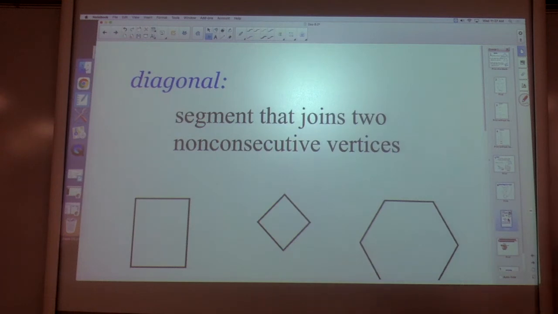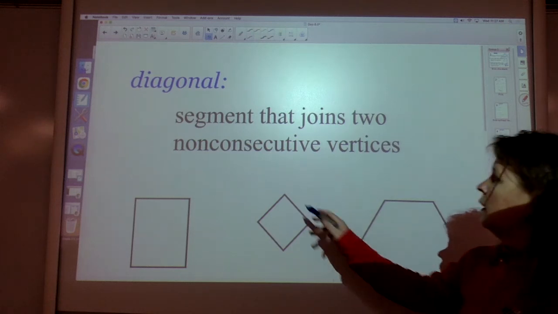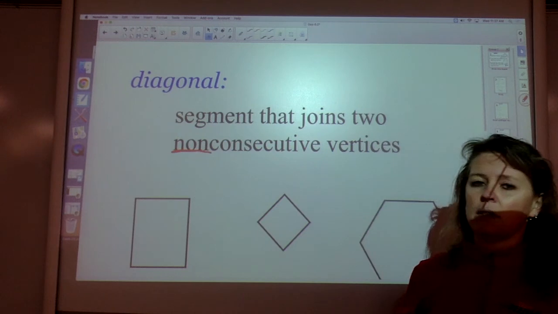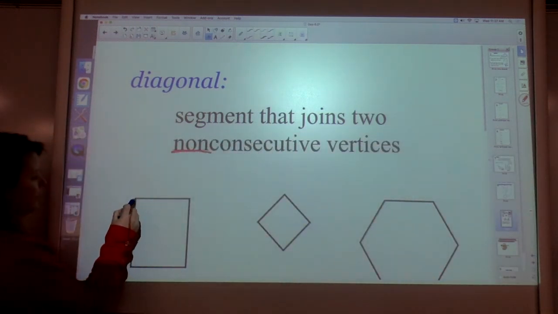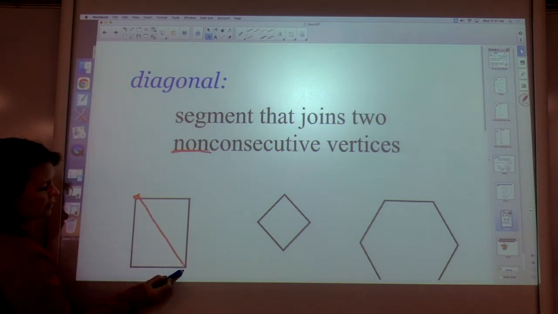More vocab. Diagonal. Again, pause it and slow it down if you have to. A segment that joins two non-consecutive vertices. We learned that word in chapter 1. So if I pick this vertex, I can't do the vertex next to it. I have to go to the vertex down here.